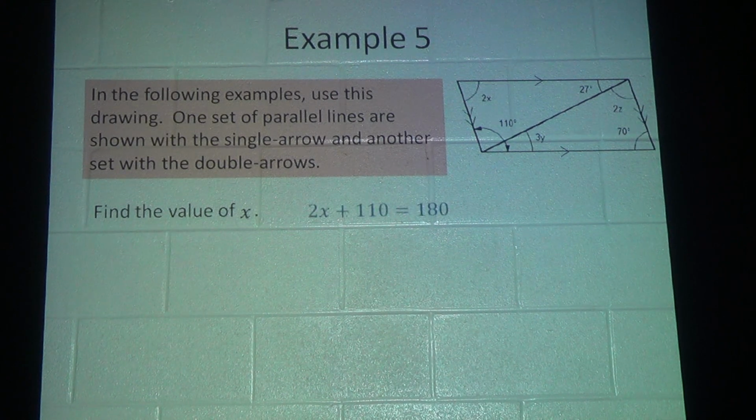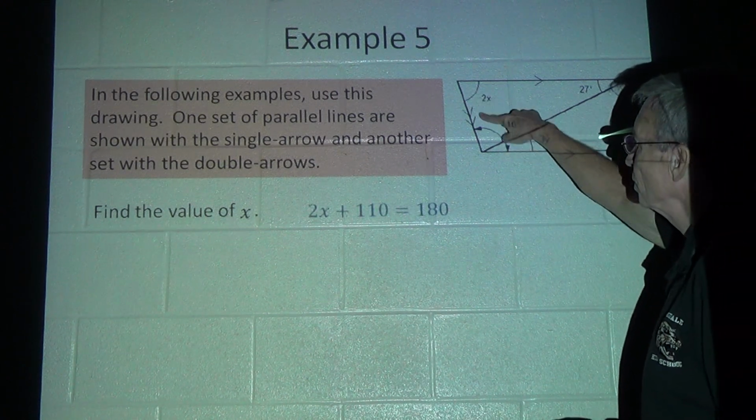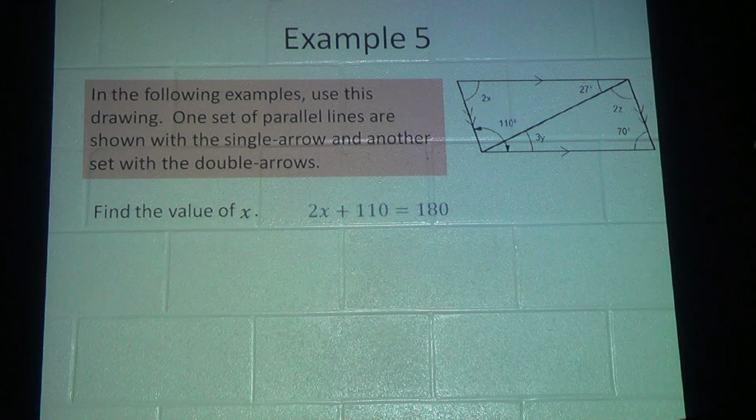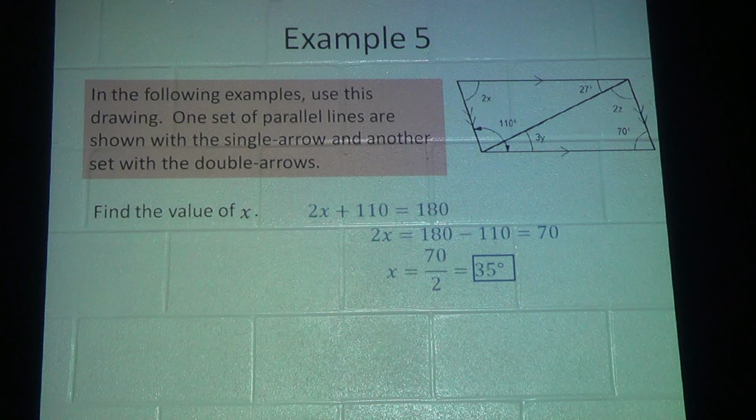So 2x plus 110 gives us 180 because those are consecutive interior angles in parallel lines. So 2x is equal to 180 minus 110, which is 70. So x is equal to 70 divided by 2, which is 35.